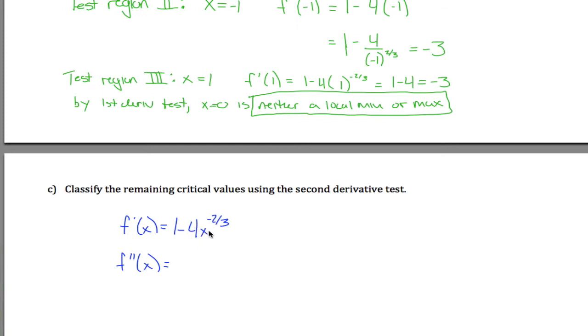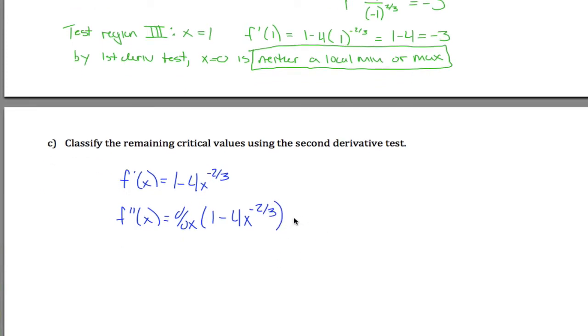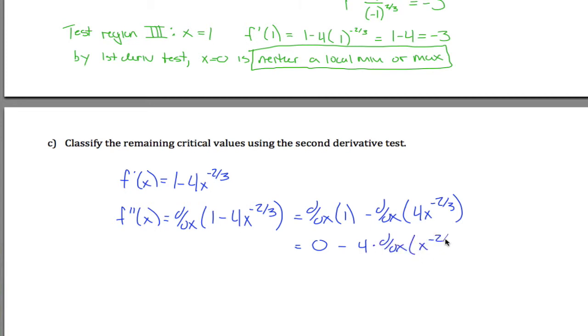Using the power rule here, I would get, how about I write it out? It's the derivative of 1 minus the derivative of 4x to the negative 2/3, which is 0 minus 4 times the derivative of x to the negative 2/3, which is negative 4 times negative 2/3 x to the negative 5/3.